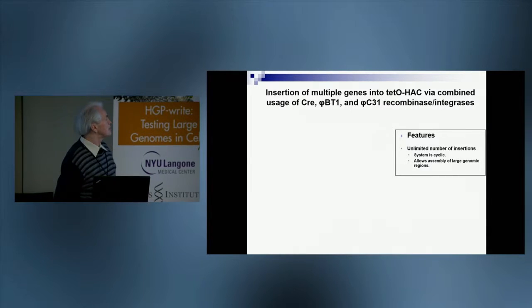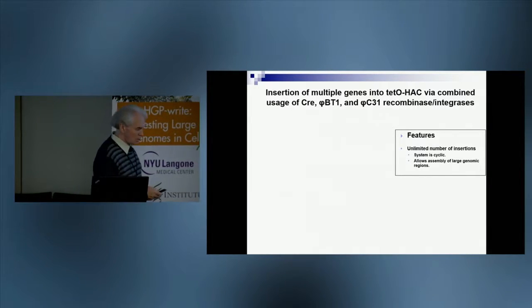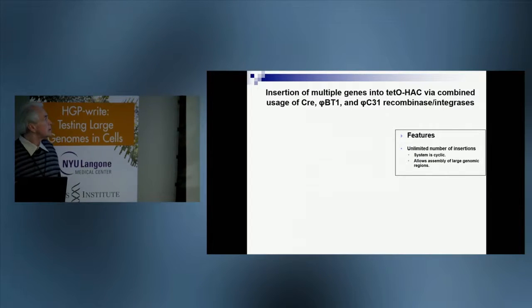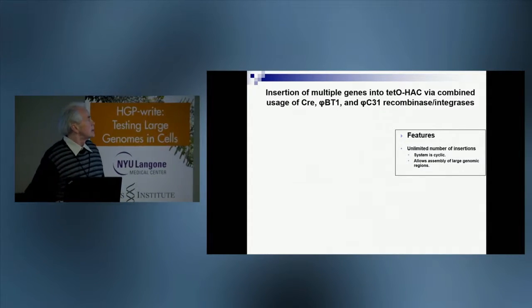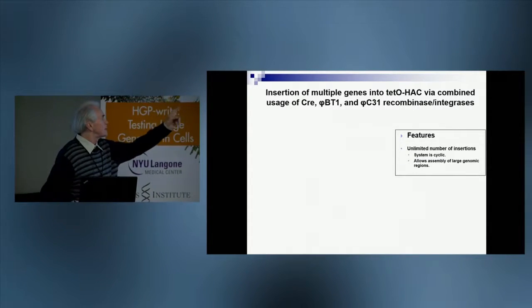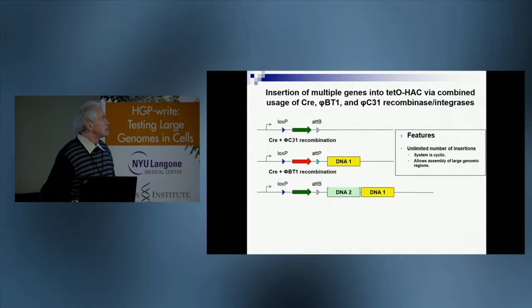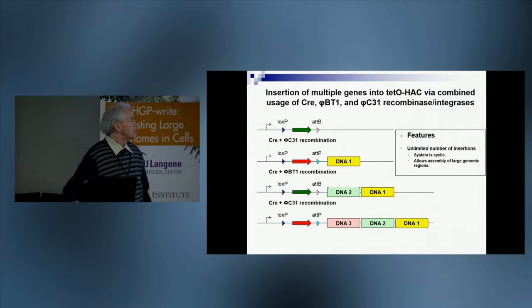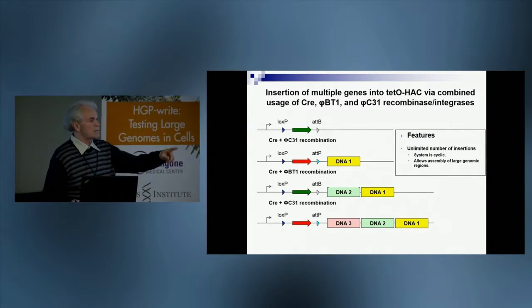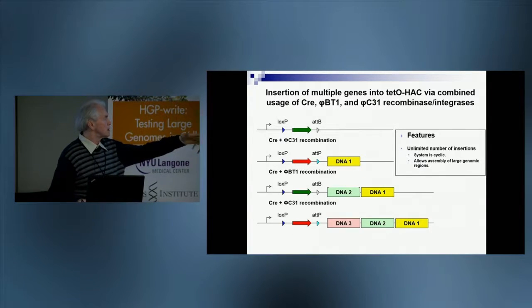This system was developed by Nicholas Lee in our lab. The system uses a combination of Cre, FBT1, FTC recombination integrase. So the system is cyclic, and it allows assembly of large genomic region, with unlimited number of cycles.